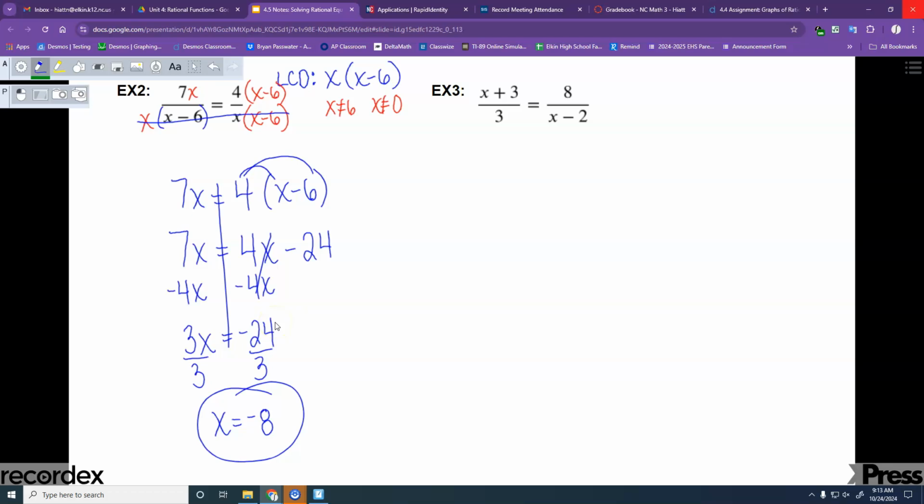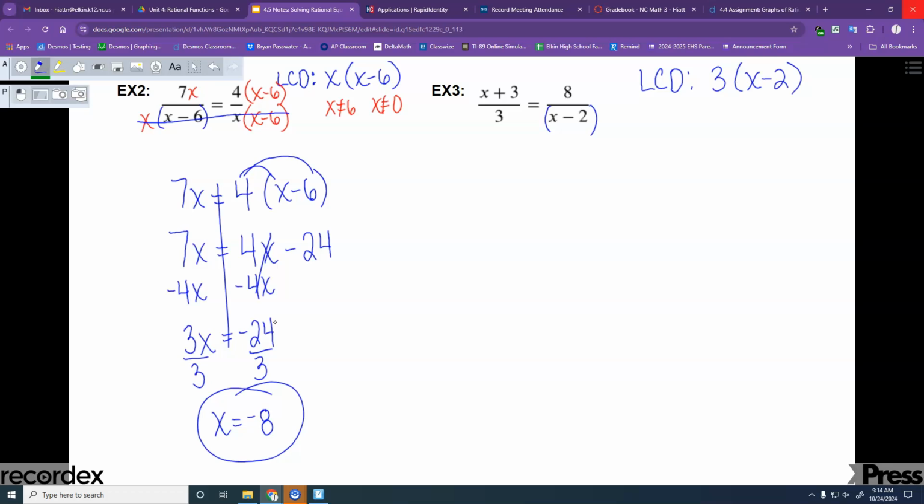All right. What should I get for my least common denominator for number 3? 3 parentheses x minus 2. Very good, Jeremy. So I need both of the denominators to be 3 times x minus 2. So, Victor, for the first one, I just have a 3.